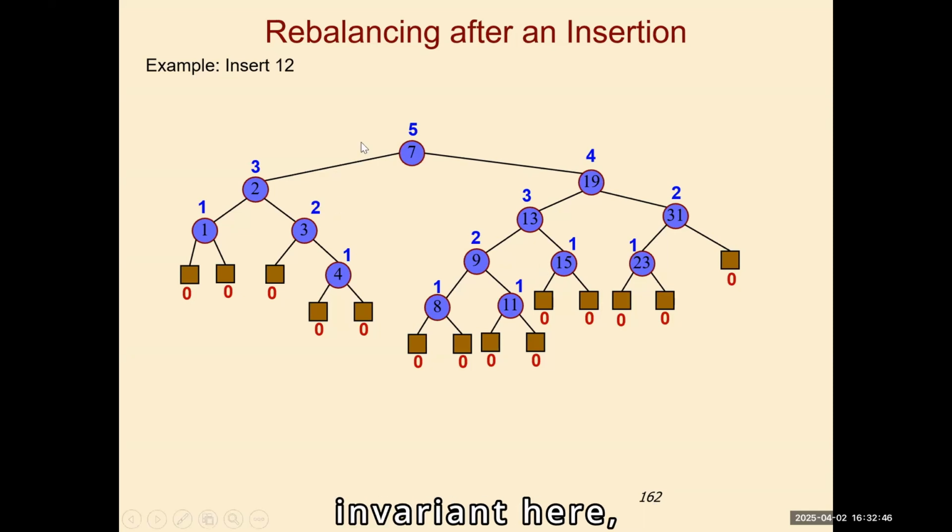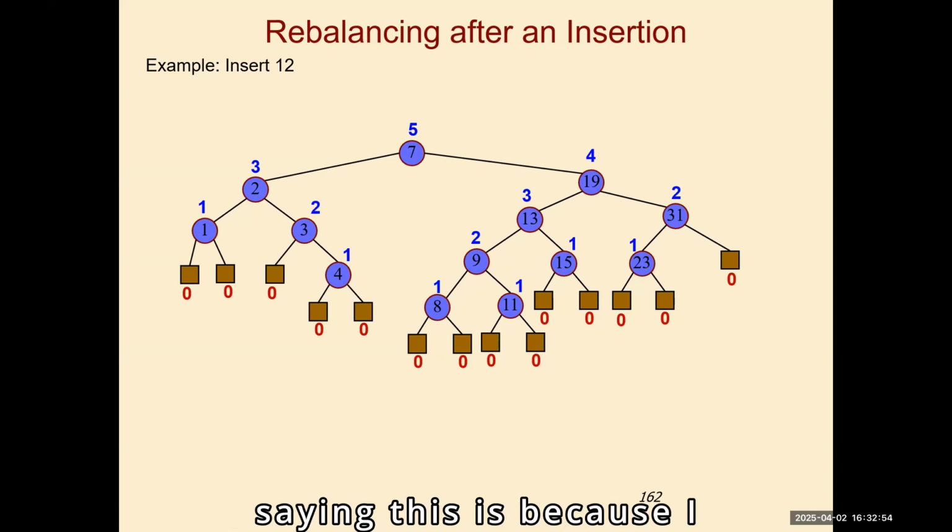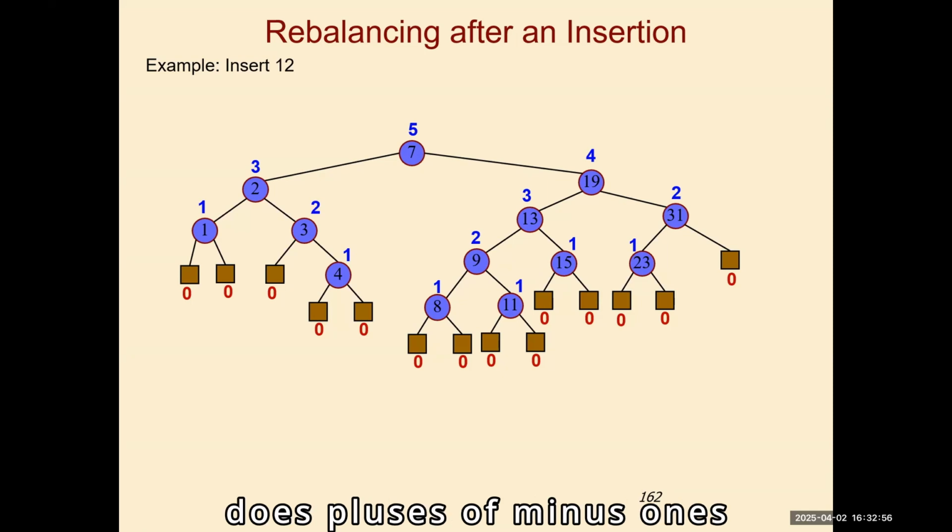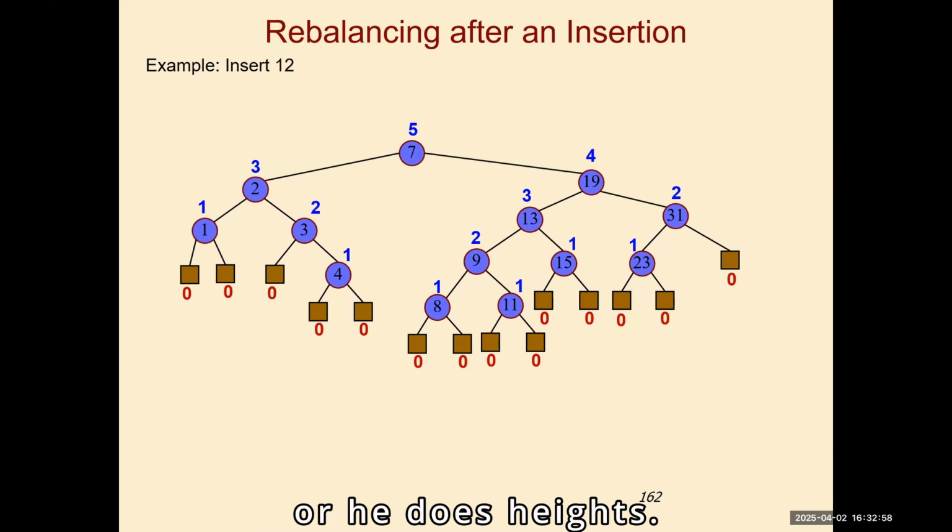So the invariant here, if I give you a picture like this, the reason I'm saying this is because I don't know if Jackie does pluses and minus 1s or he does heights. But it doesn't matter, because you look and you guess, what's the invariant here? Oh, it seems they're storing heights.